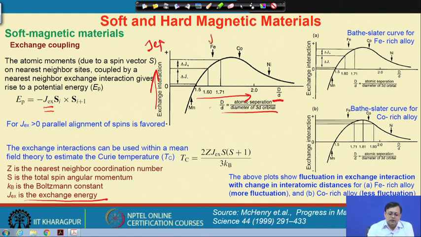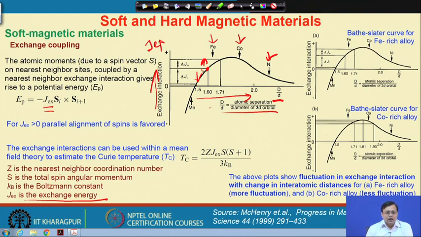So, iron lies here, cobalt lies here, nickel lies here. Now, we can take this point and think about whether, if I add, let us say, cobalt, or some other element, it is going to increase or decrease the exchange interaction energy.